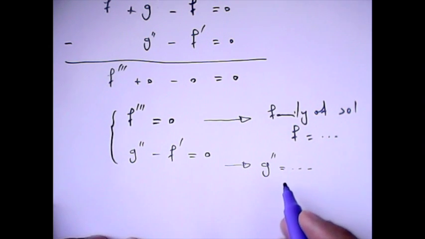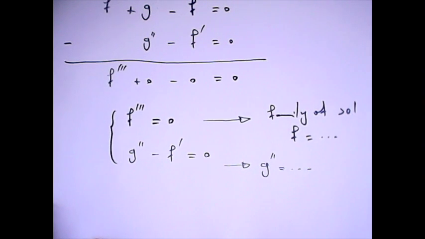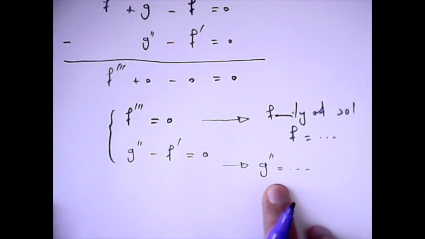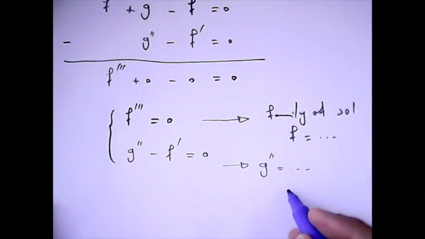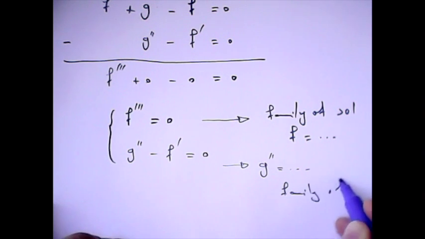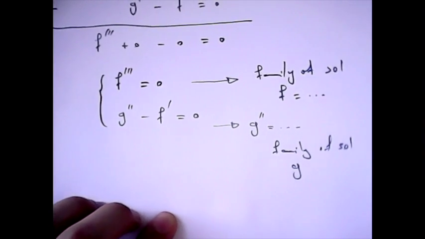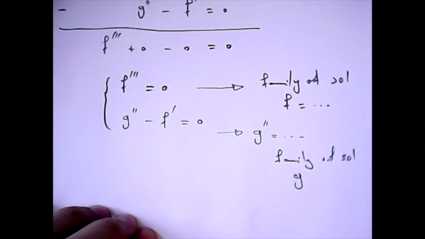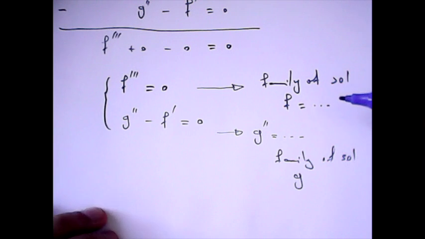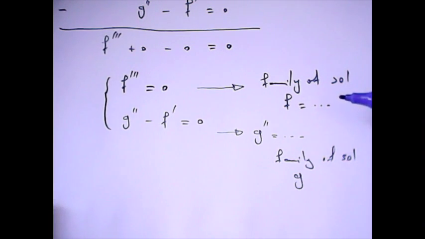This is another differential equation. I can solve it. That's identical to the first exercise that I gave you. You can solve it and find the family of solutions of g. I always write down family of solutions so that you know you're not going to insert the boundary conditions yet.